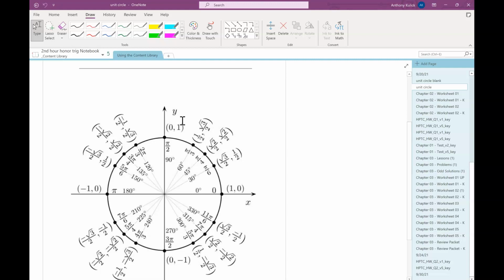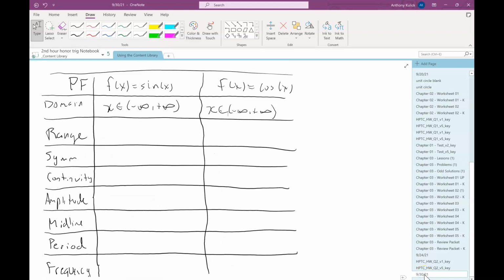Cosine is the x coordinate on the unit circle. So the range for cosine is going to be the smallest x coordinate, -1, to the biggest x coordinate, +1. So let's record that information.